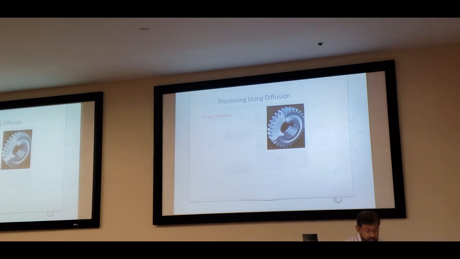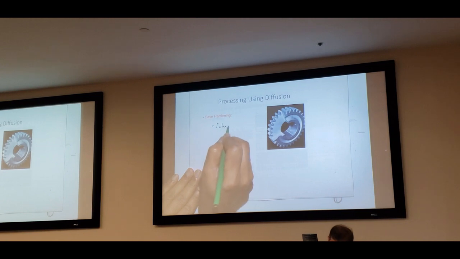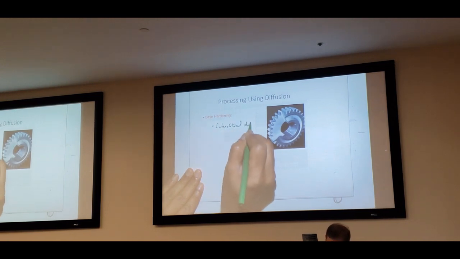Again, we will learn more about case hardening later on, but you need to remember it is an example of interstitial diffusion.